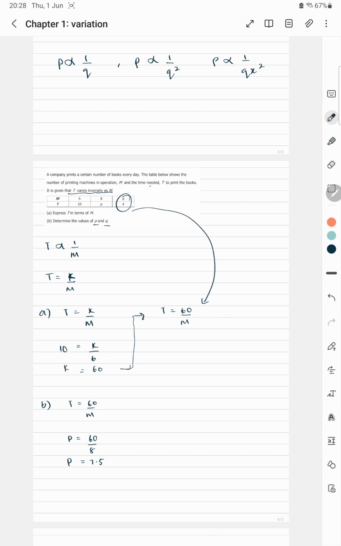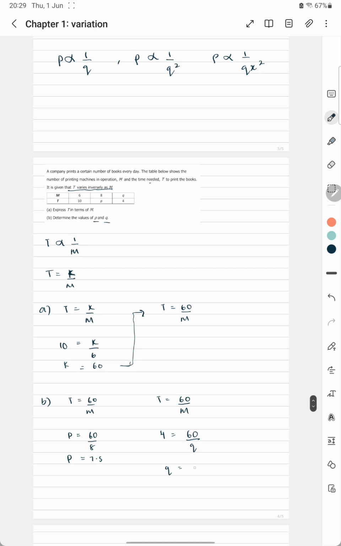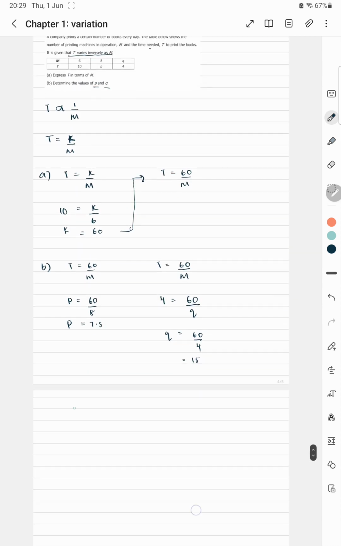We substitute in here, so t is 4 and m is q. Then we calculate it. The answer is 15. So now we know both the p and q values, that is p is 7.5 and q is 15.